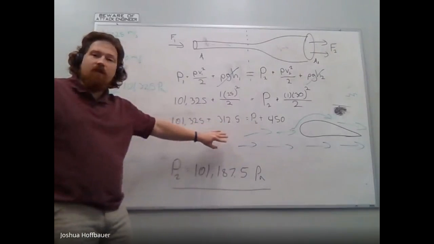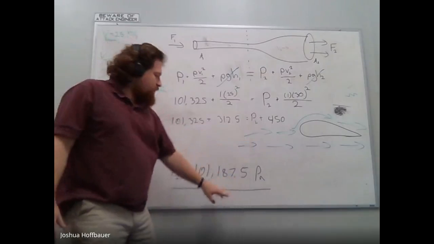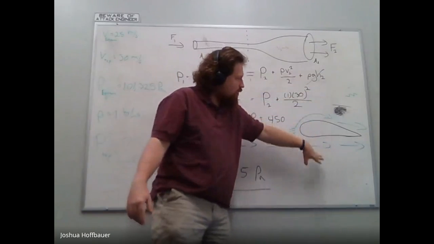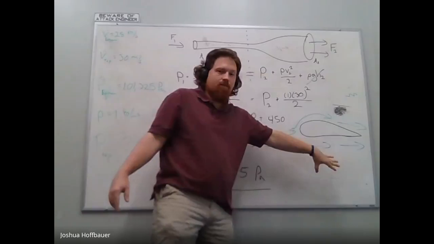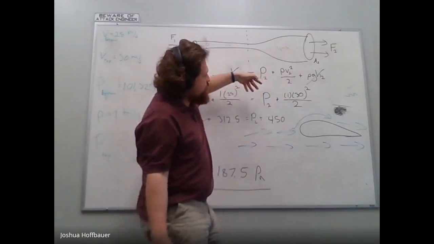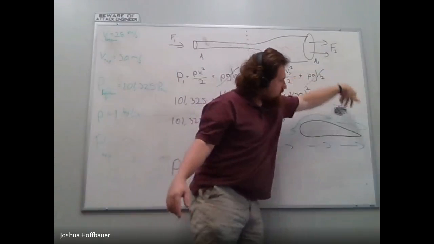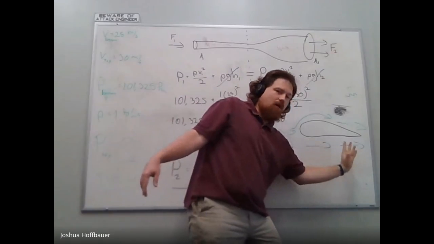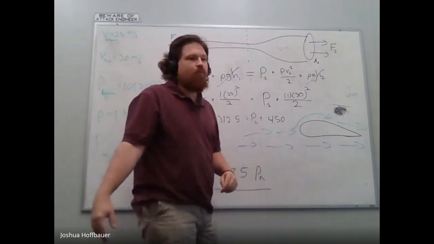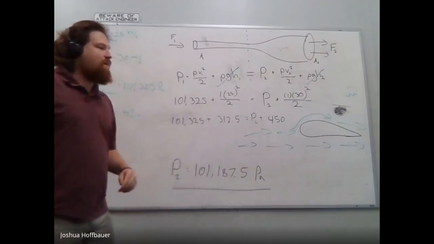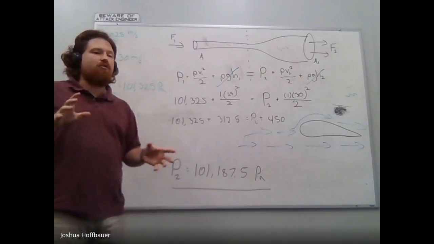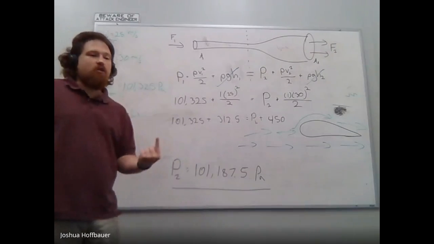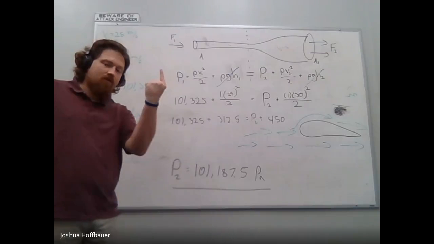It's the same thing here. We just discovered that the pressure on the top of the wing is lower than the pressure on the bottom of the wing. The pressure on the top is going to push into the wing downwards. The pressure on the bottom is going to press into the wing upwards. There's more pressure on the bottom, and that means the net force acting on the area of the wing is going to point up.